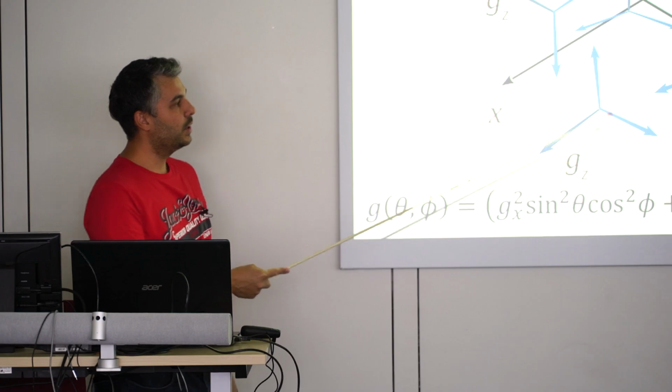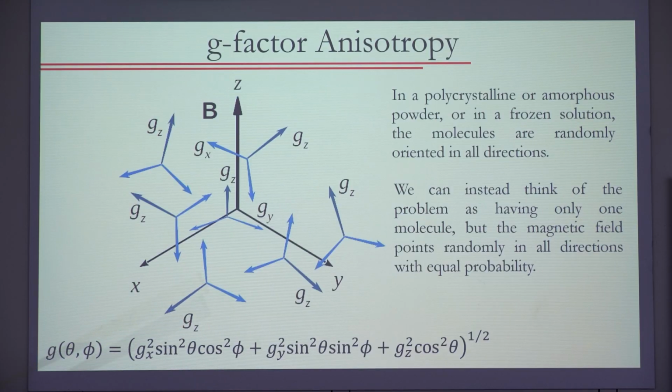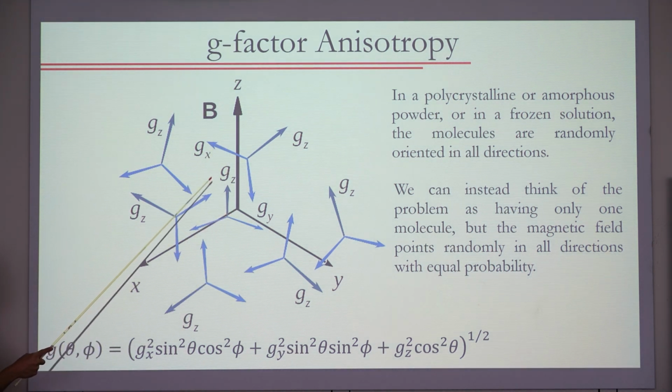But the same will happen if you have a frozen solution. Then you have a lot of molecules. Each of them has a different G matrix oriented in a different random way. So in principle, you have so many molecules that you are covering all possible orientations equally. The way we solve this is to assume the other way around.